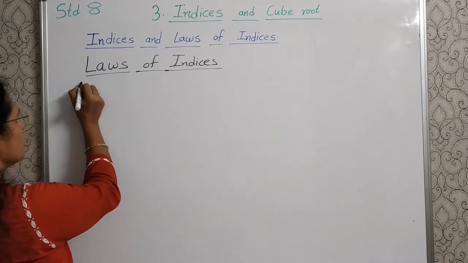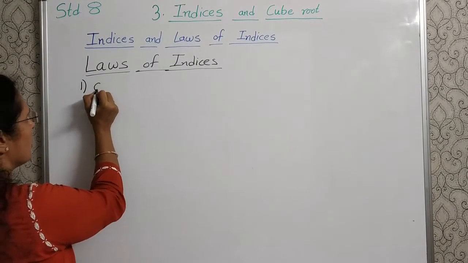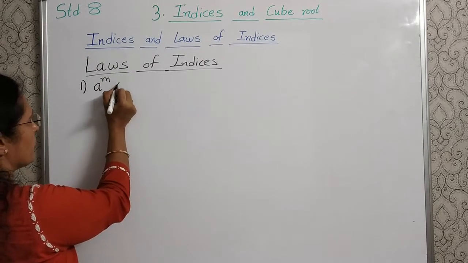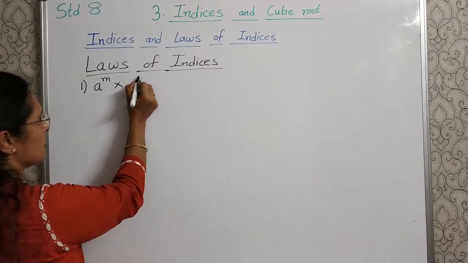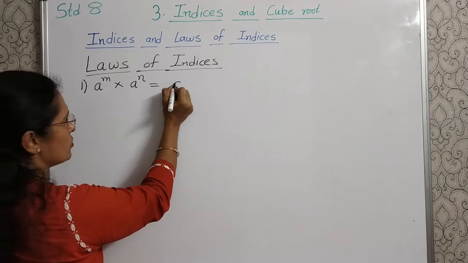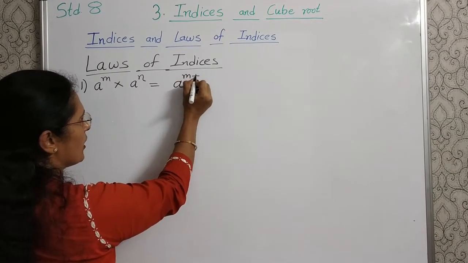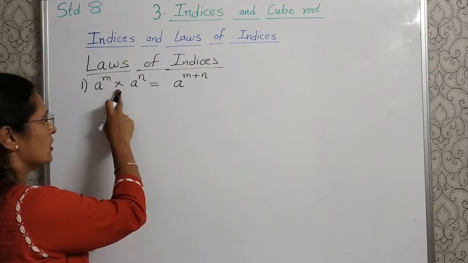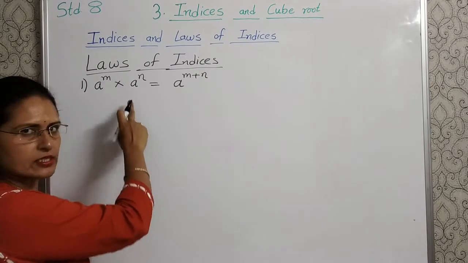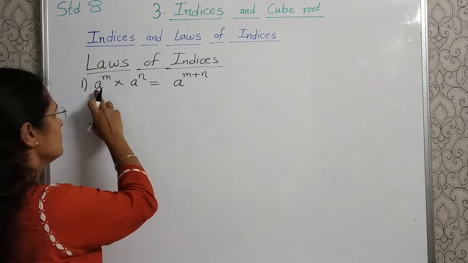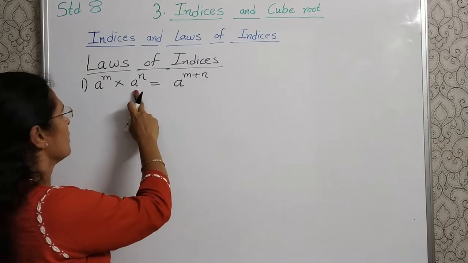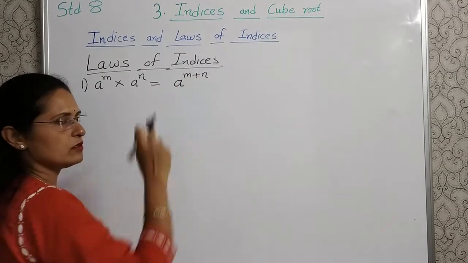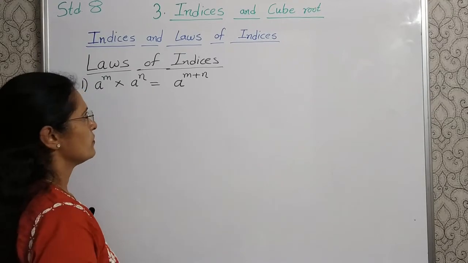So first law, a raised to m multiplied by a raised to n is equal to a raised to m plus n. So if product of the indices is given and the base is same, then we can add the index.